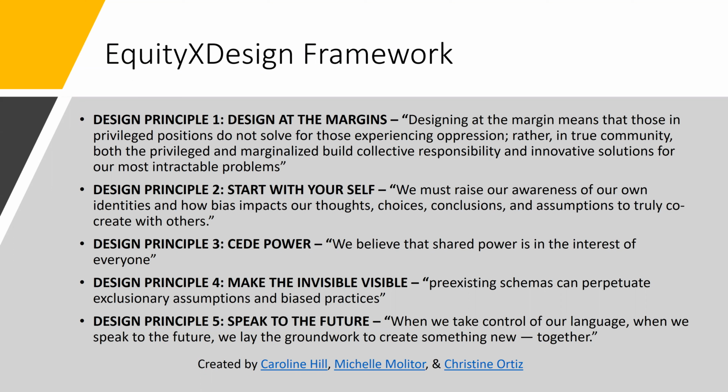And then design principle 4 is make the invisible visible. Pre-existing schemas can perpetuate exclusionary assumptions and biased practices. So this is sort of like design principle 2, except it's asking you to think about the actual structures, not just yourself, but what are the actual structures that maybe perpetuate oppression or marginalization of the people that you're trying to design for.